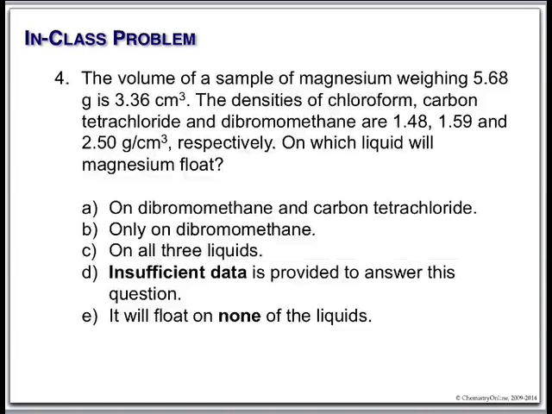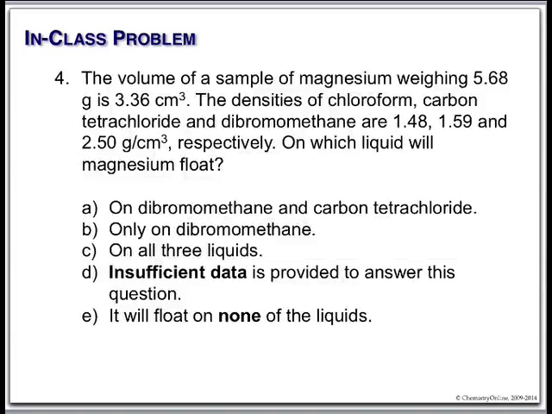Think about our cannonball and mercury. The three liquids we're using have densities of 1.48, 1.59, and 2.5. Where will it float? What you have to do is calculate the density. 5.68 divided by 3.36.